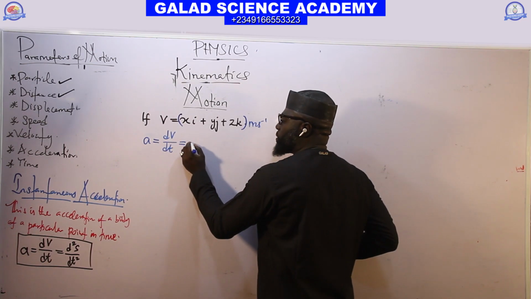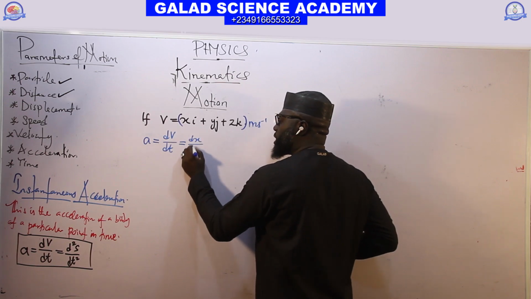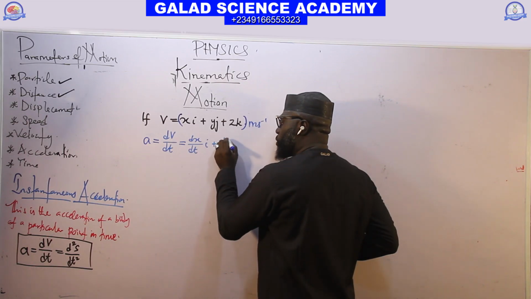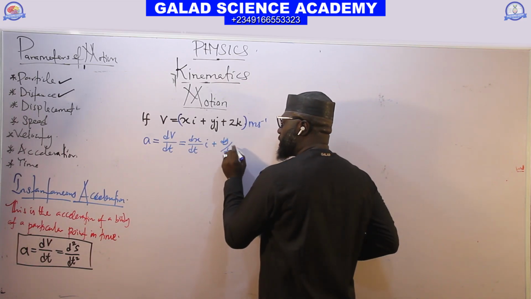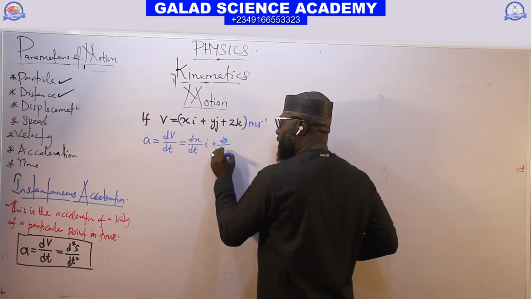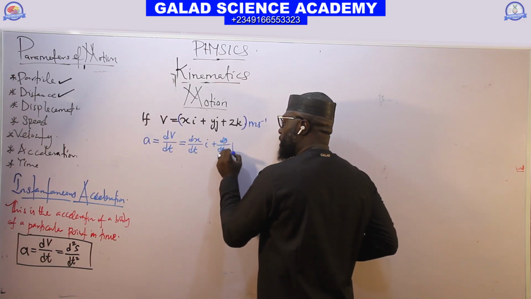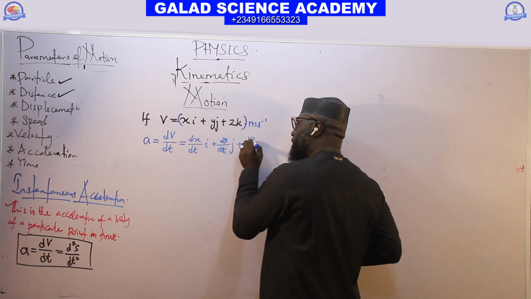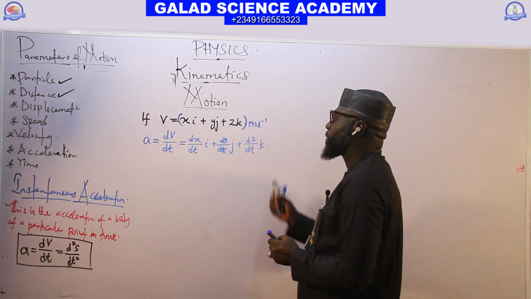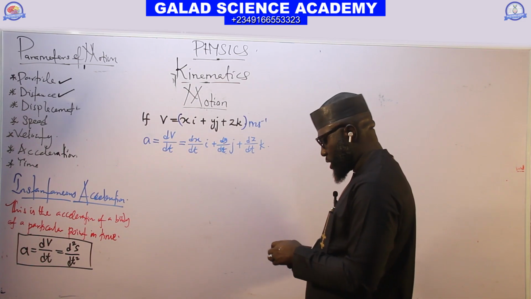We have dx over dt i plus dy over dt j plus dz over dt k. That's how it works.